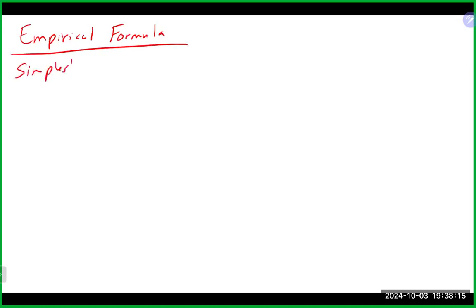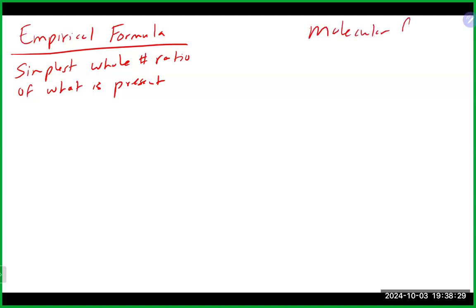The empirical formula, like we did in that lab, is the simplest whole number ratio of what is present. While the molecular formula will tell you exactly how many of each atoms are present.